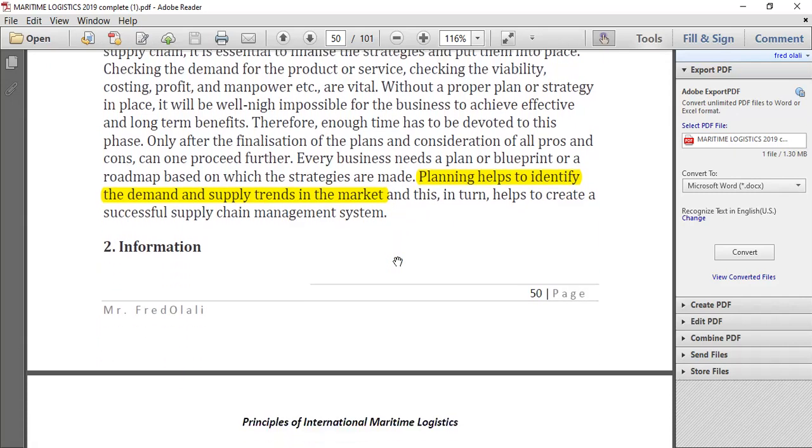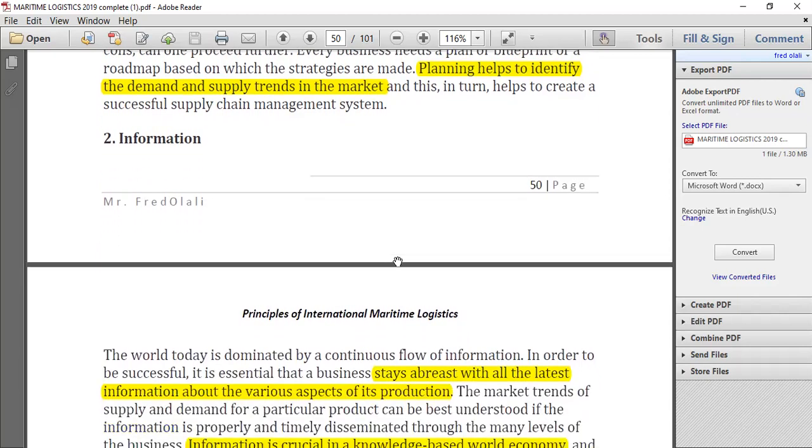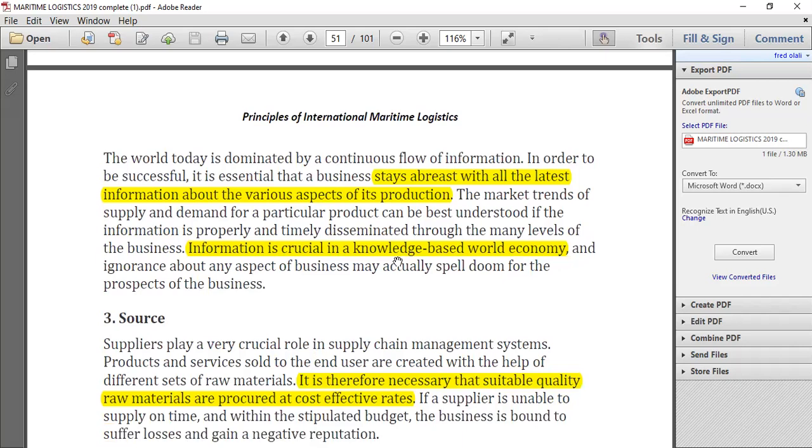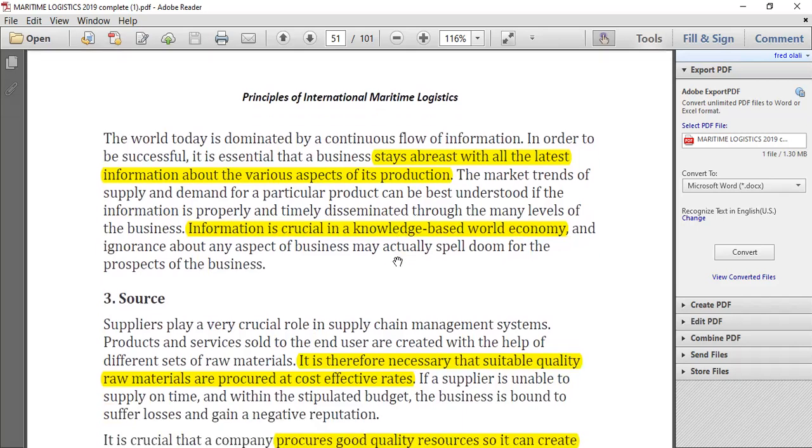Then the second component is information. The world today is dominated by a continuous flow of information, and in order to be successful, it is vital that the business stays abreast of all the latest information about the various aspects of its production.